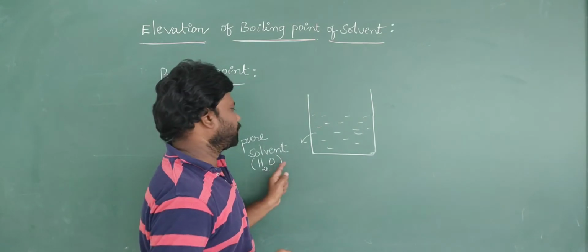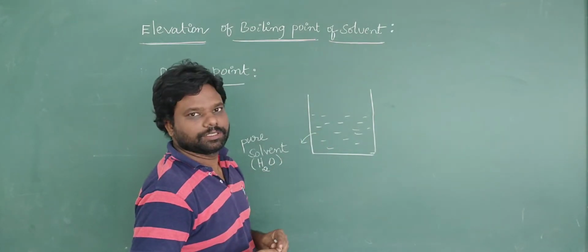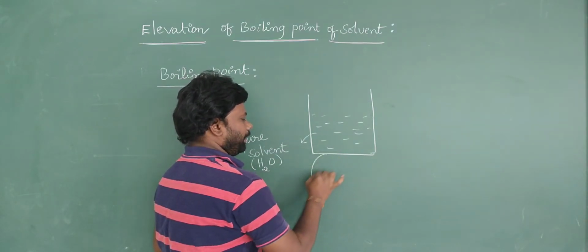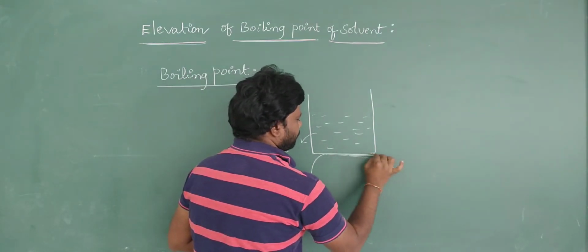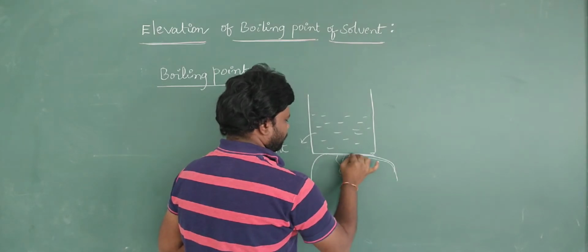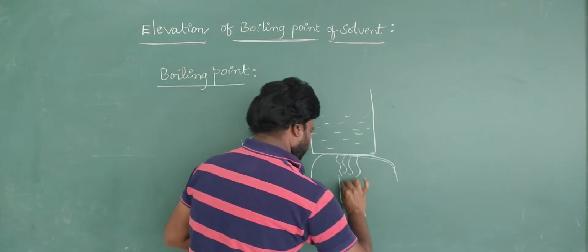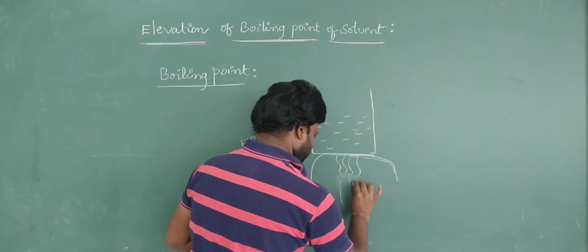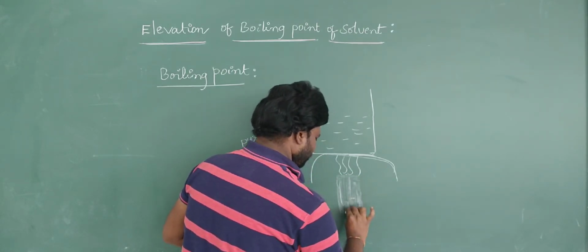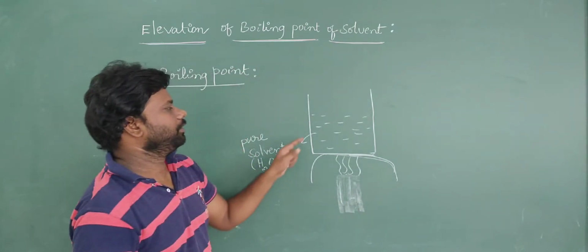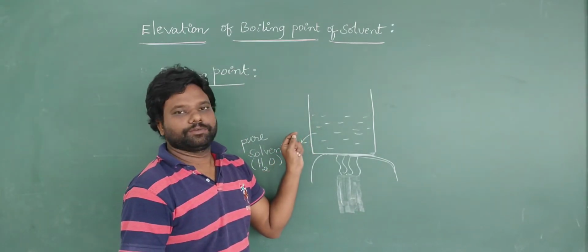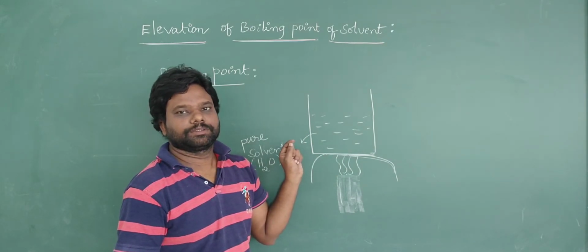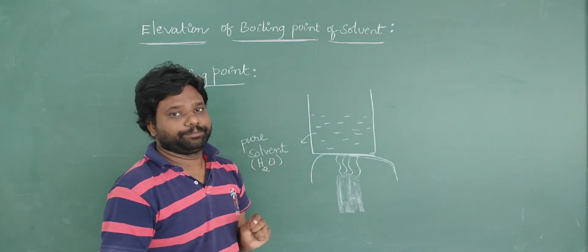Pure solvent like water is taken into a vessel. This vessel is kept on a flame. Initially we have water vapors at room temperature.